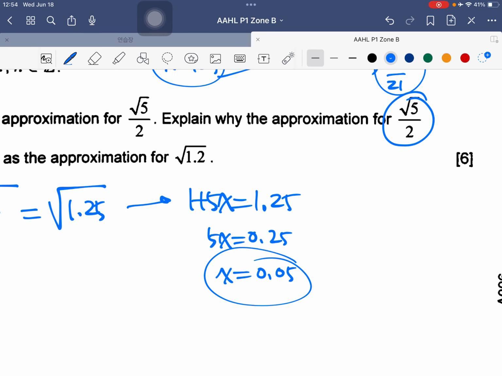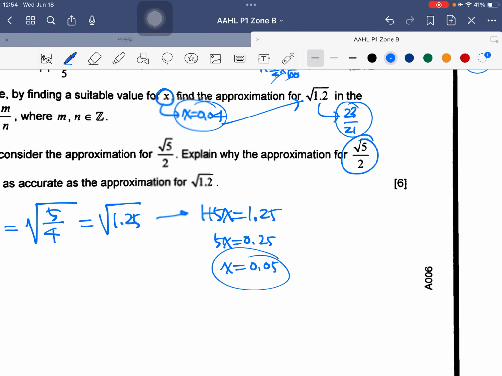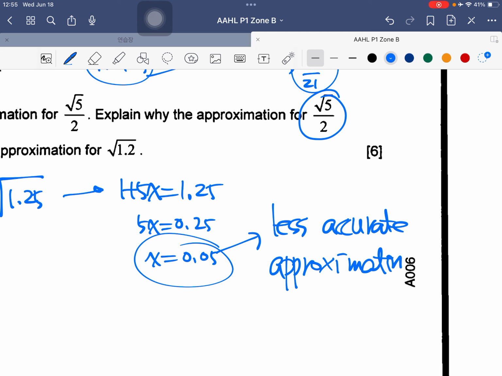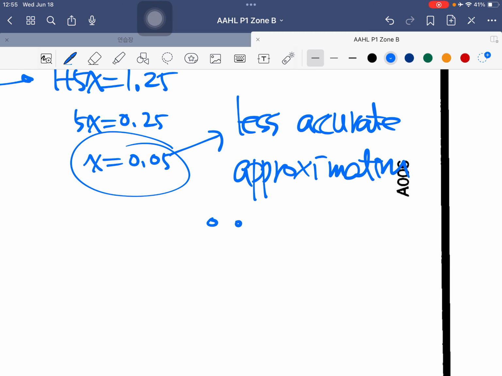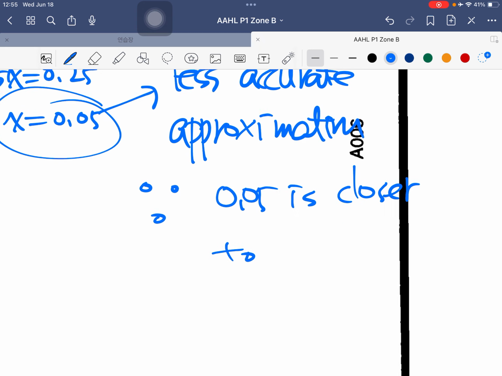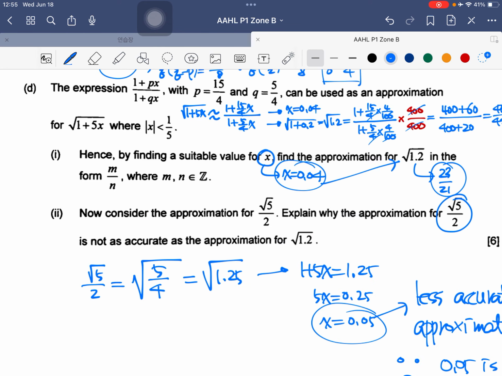So when x equals 0.05, we have a less accurate approximation because 0.05 is closer to this value.